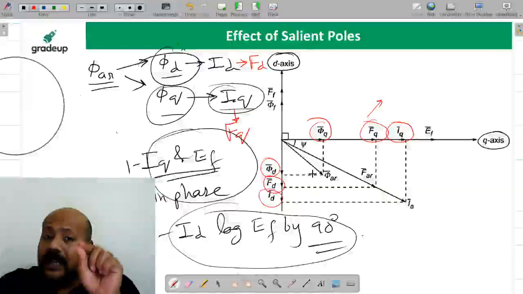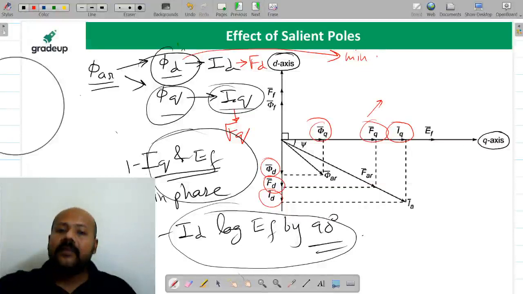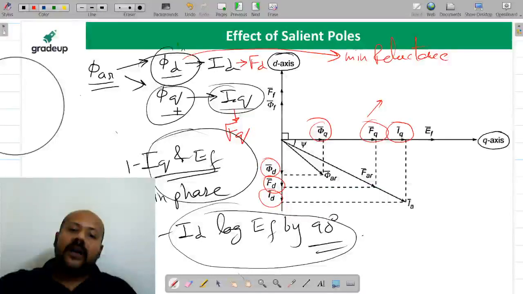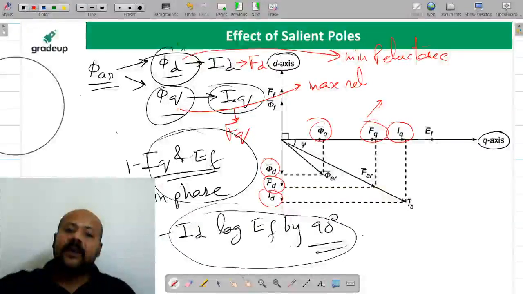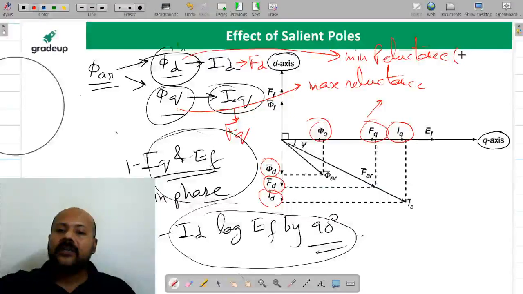Now please listen to me very properly. Because this flux is going to experience minimum reluctance, and this flux is going to face maximum reluctance because of the pole saliency. You can say minimum reluctance for phi d along the direct axis, or maximum permeance.